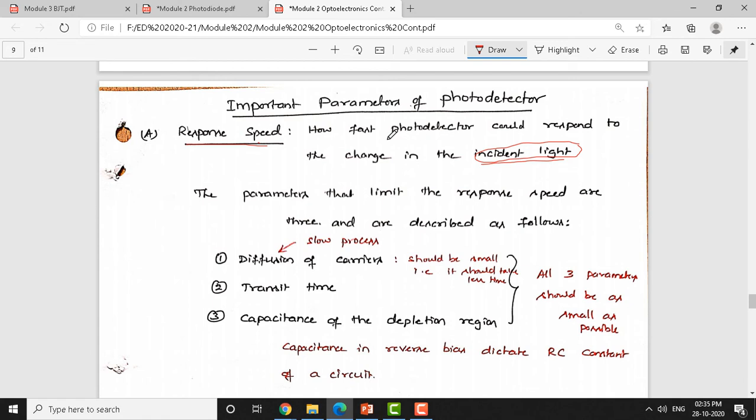The response speed is how fast the photodetector can react to changes in the light, and there are several parameters which limit this response speed. Among them, three are very popular and they are described as shown here.